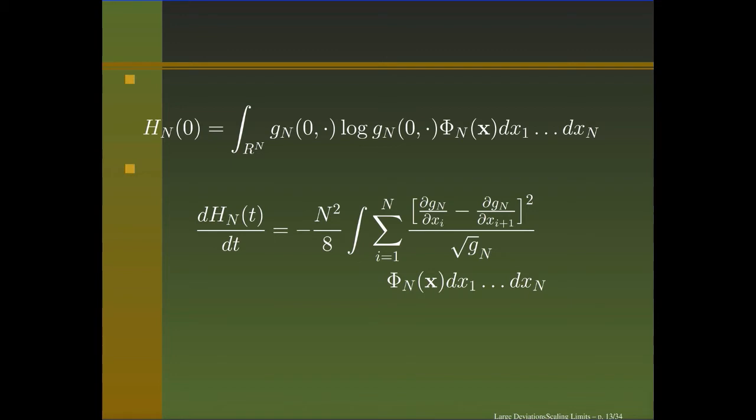Anyway, it's a simple calculation, noticing the fact that Gn satisfies in t the Kolmogorov equation, which, being symmetric, has backward and forward equations about the same. Anyway, it's a computation that one can easily make, and then one obtains this formula for the rate of change of the entropy. That formula has an interesting piece of information.